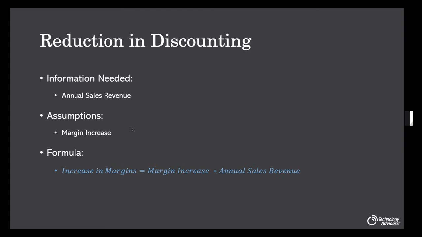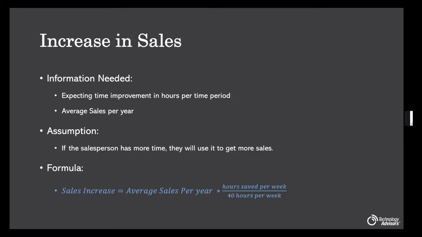Reduction in discount, like I said before, you're going to find that if you're always engaged with the customer at the appropriate time, and the CRM lets you do that, then it's simply your annual sales revenue times the marginal increase. And you can calculate that as a reduction in discounting. Again, total increase in sales.